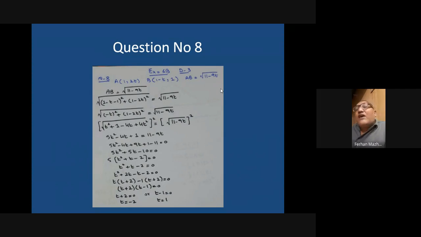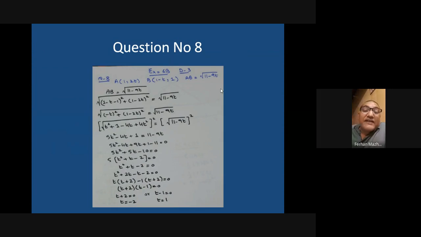So minus 4t plus 9t gives you plus 5t, and 1 minus 11 gives you minus 10. Now take 5 common. You can see the 3 terms can all be divided by 5. If you take 5 common, you will have t square plus t minus 2.